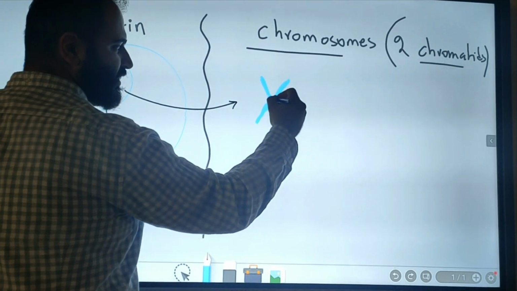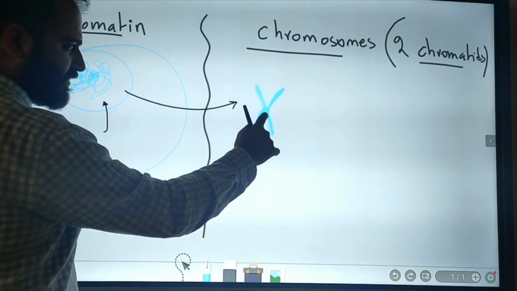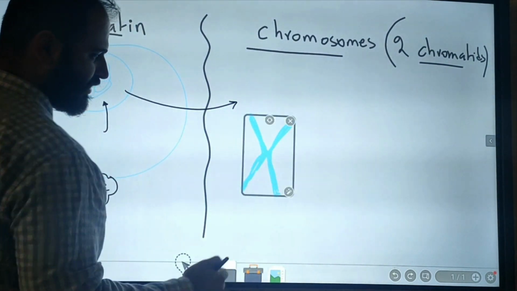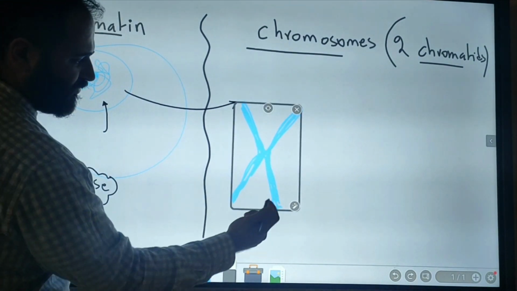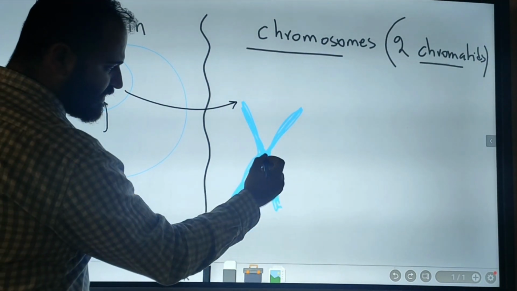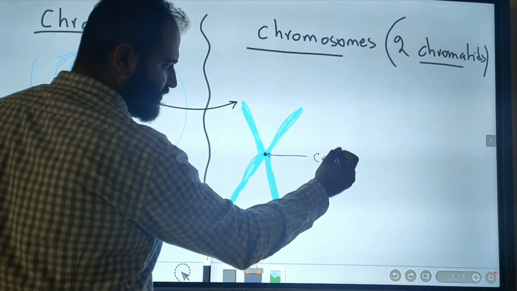The reason there are two strands is that later on they are going to separate. If we take this chromosome and look at it, it is made of two parts. These parts are joined in the center by the centromere.